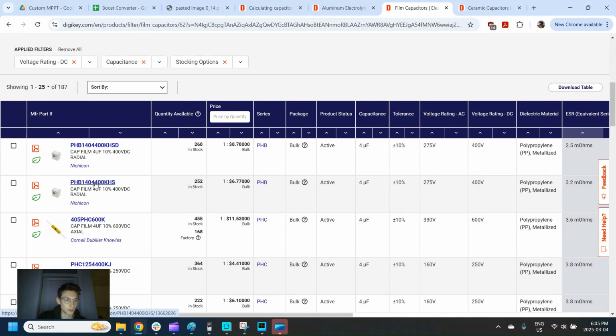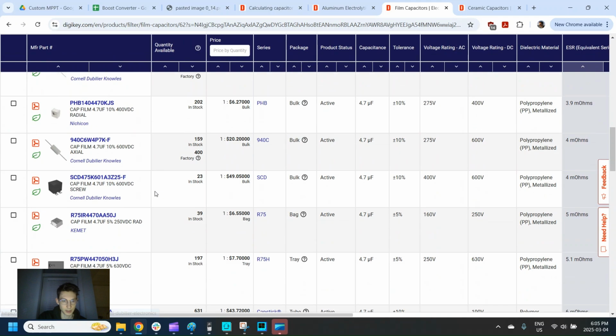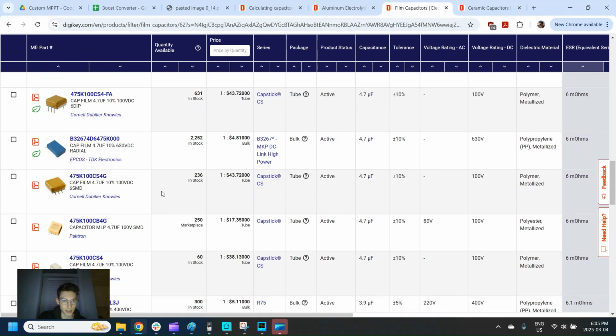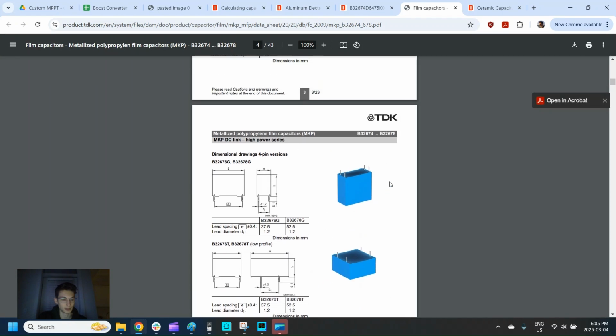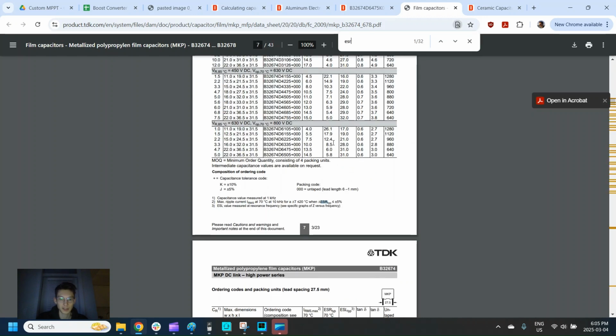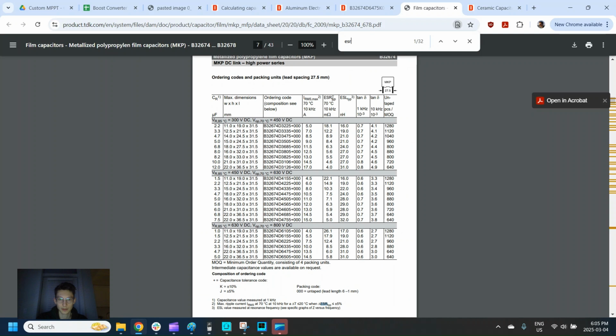Let's go into the data sheet of a higher stocked option like this one and just verify this. So Control F, ESR. We can see an ESR in milliohms at 10 kilohertz, so that's within the range that we're dealing with.